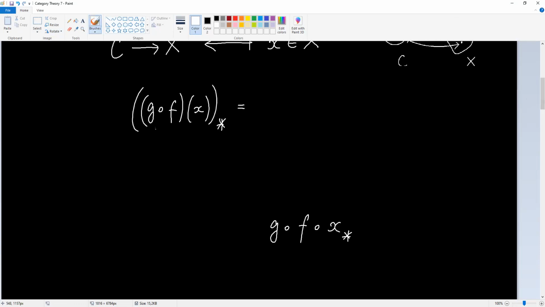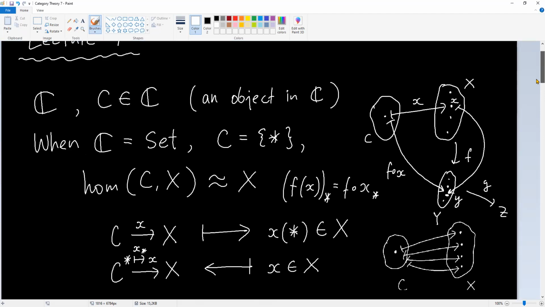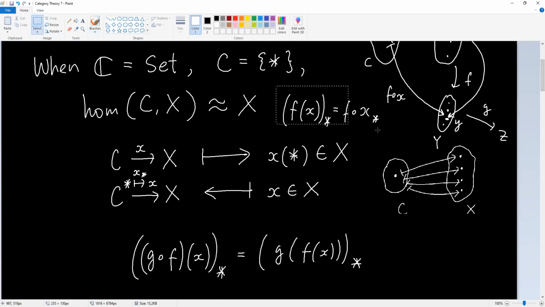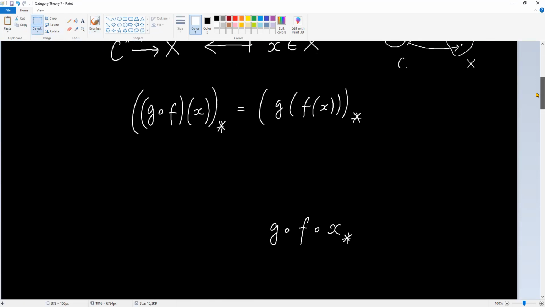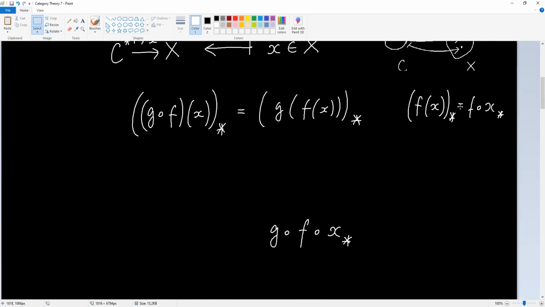So g composed with f evaluated at x is, of course, the same as g evaluated at f of x. And then we apply this formula here in the case of f being g, and x being f of x. Just doing a substitution.